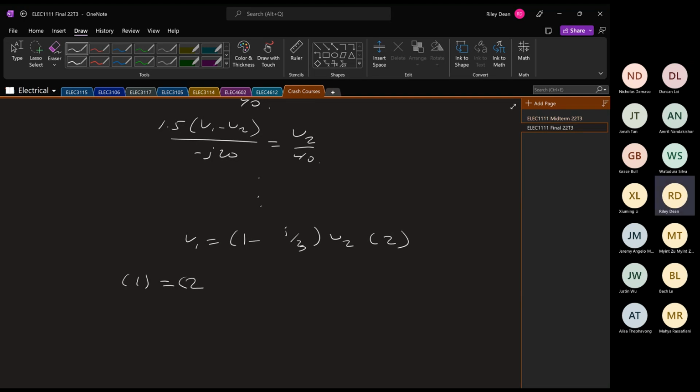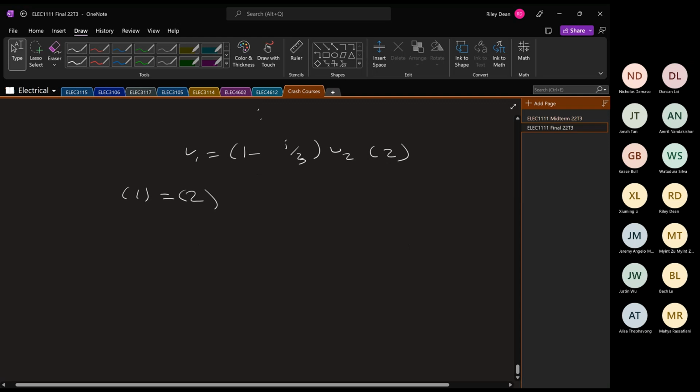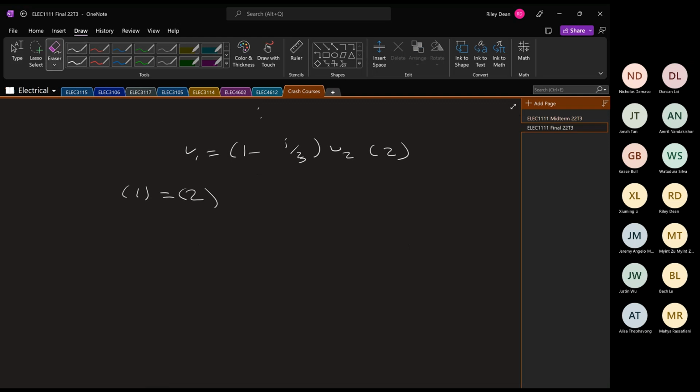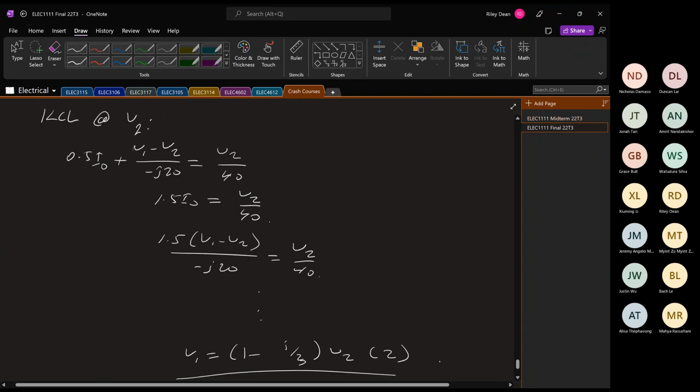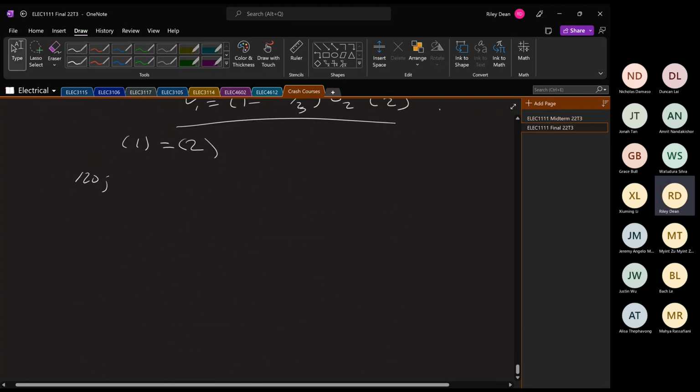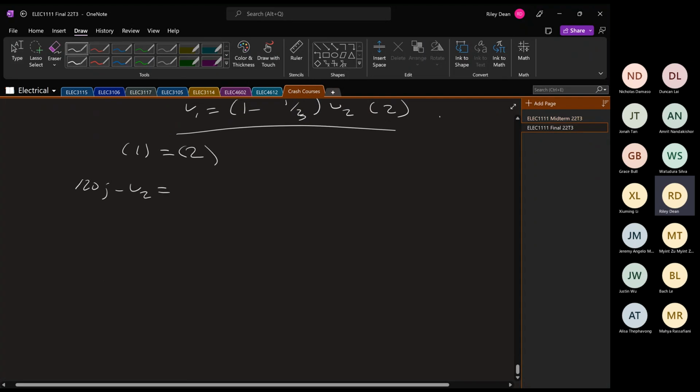By equating the two, because we have an equation relating to V1 here and an equation relating to V1 above, 120j minus V2 is equal to V2 times (1 minus j on 3).